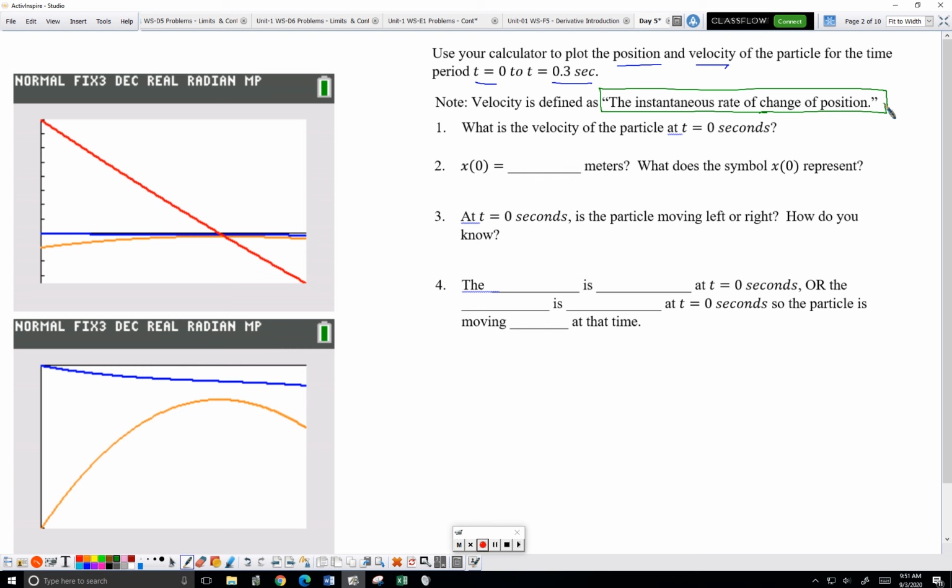Velocity is defined as the instantaneous rate of change of position. I know, but you said a different way of saying it. Oh, I gotcha. It's how much the position is changing at any given instant. Good question. Two points. So that definition means how much is the position changing at any given instant?